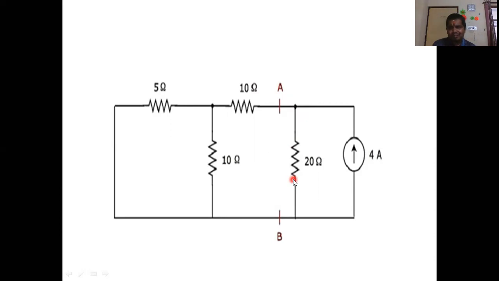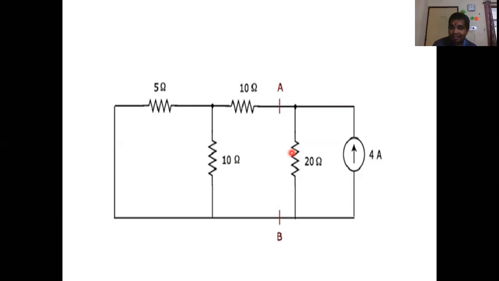Here there is also one simple way, because I have a current source here and a resistance of 20 ohm here. If I simplify these resistances into a single equivalent resistance, I get one current source of total current and 2 parallel branches. What would be best in such a case?